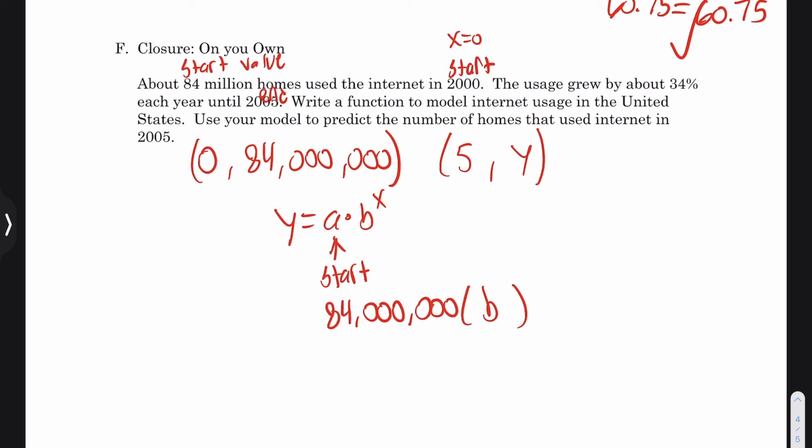B is the growth factor. And they told you our r was 34%.